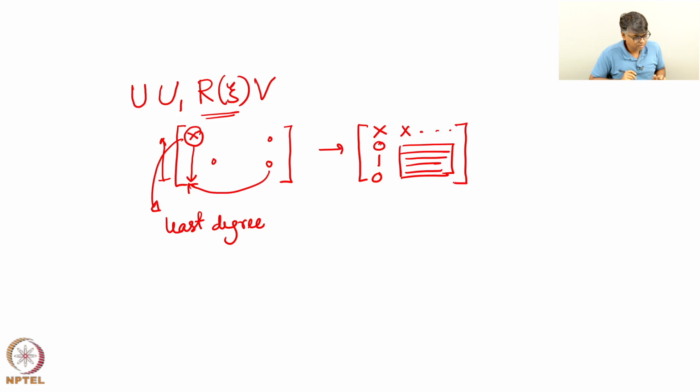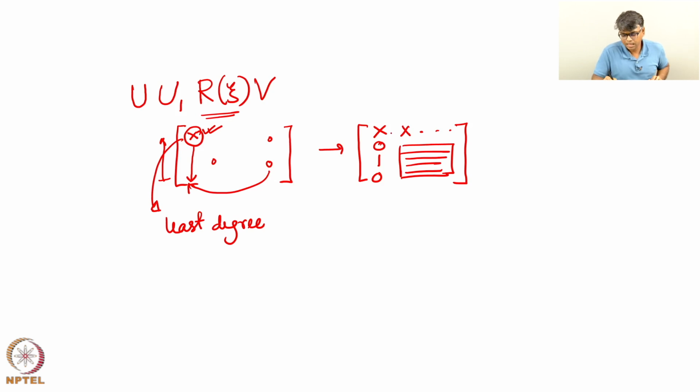This was the first few steps of the process that converts a matrix to an upper triangular matrix, right? When you do this division with remainder, the remainders are of degree strictly less than the degree of the divisor. Therefore, after each cycle, the degree is supposed to reduce.